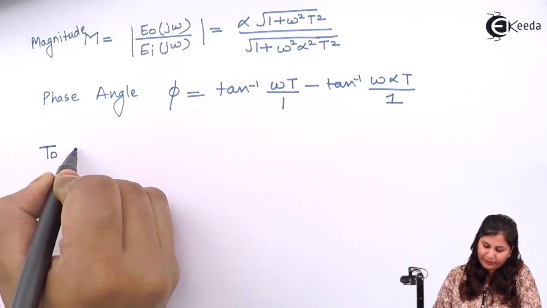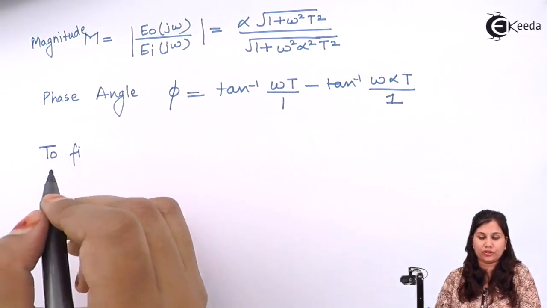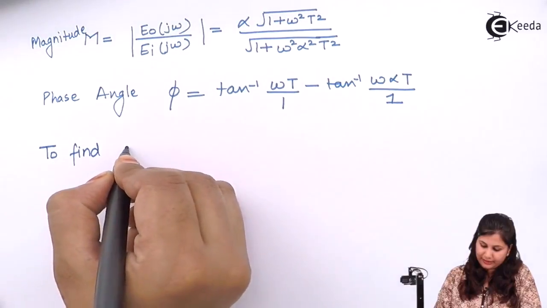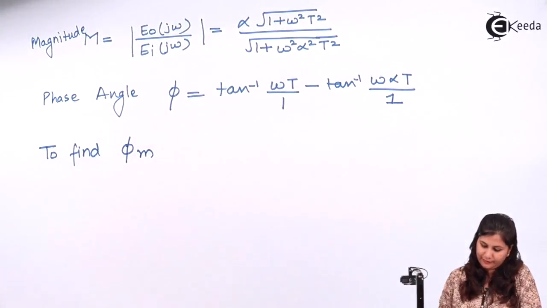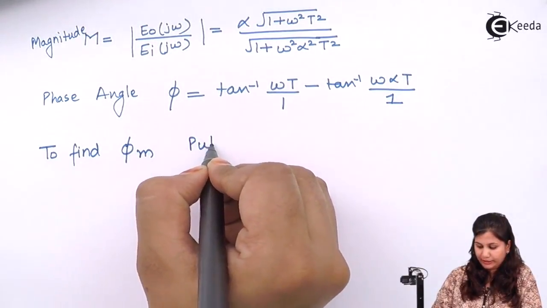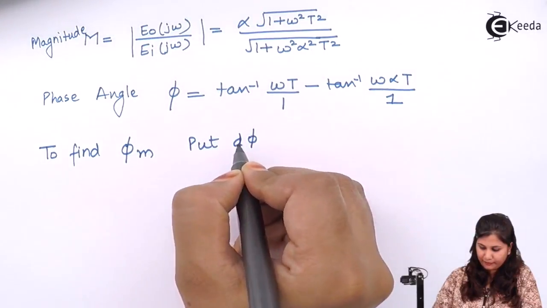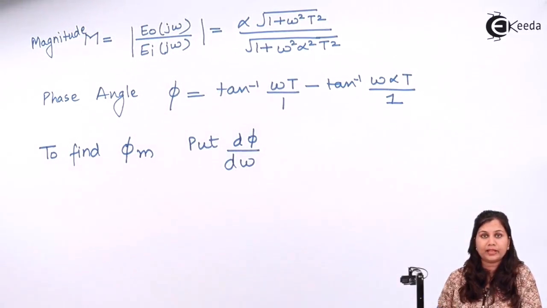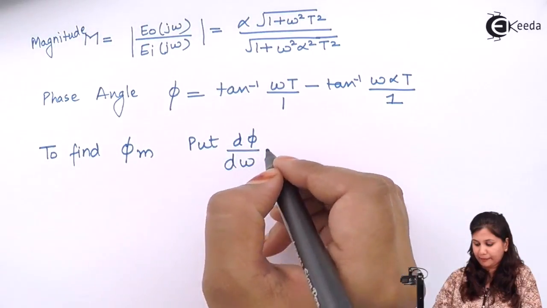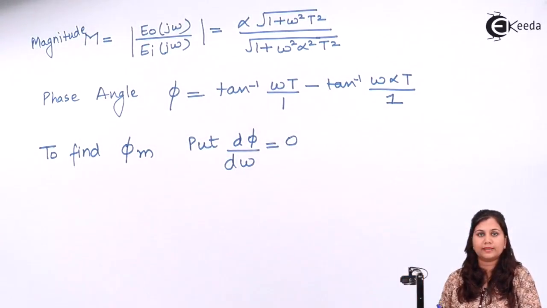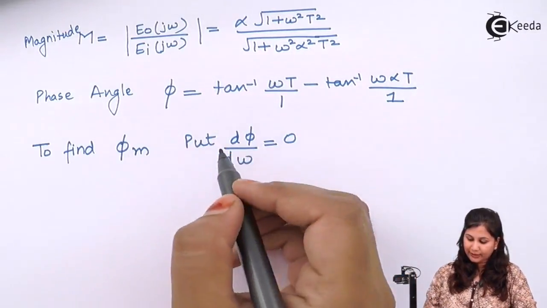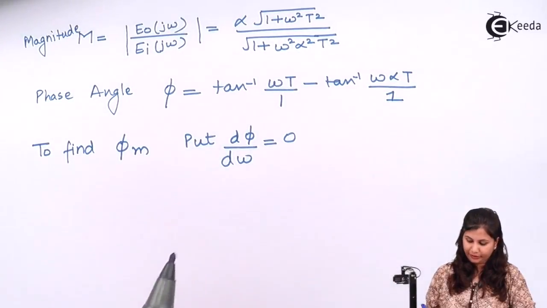Now we have to find out the maximum phase shift. So to find the maximum phase shift, that is phi m, you have to calculate d phi by d omega, and then you have to put this d phi by d omega equal to 0. So let's calculate this d phi by d omega.